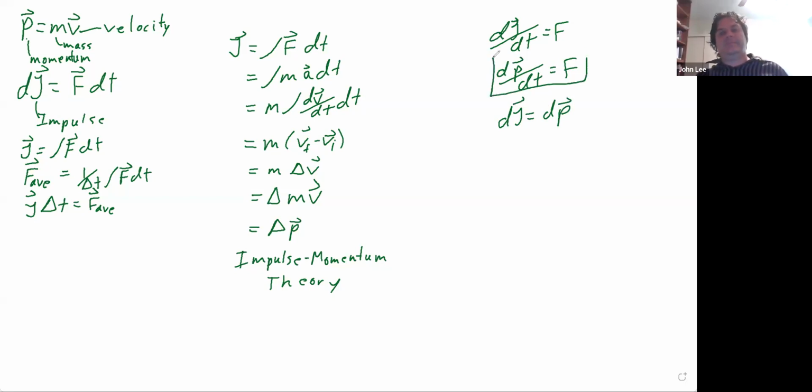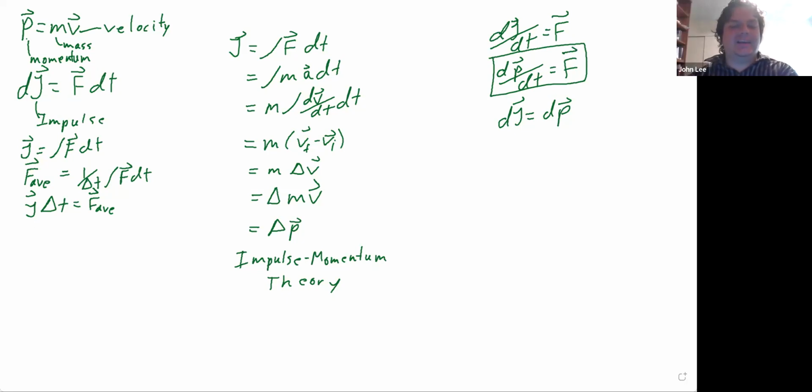So F is equal to the change in momentum over time, the same way that F is equal to the change in potential energy over space, or negative the change in potential energy over space.